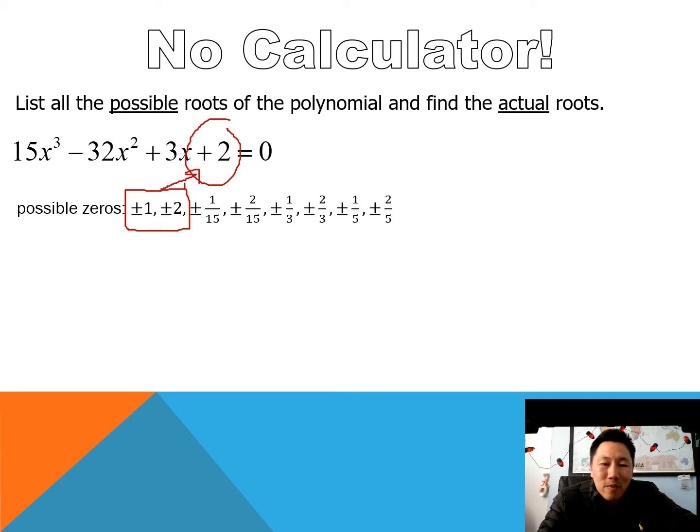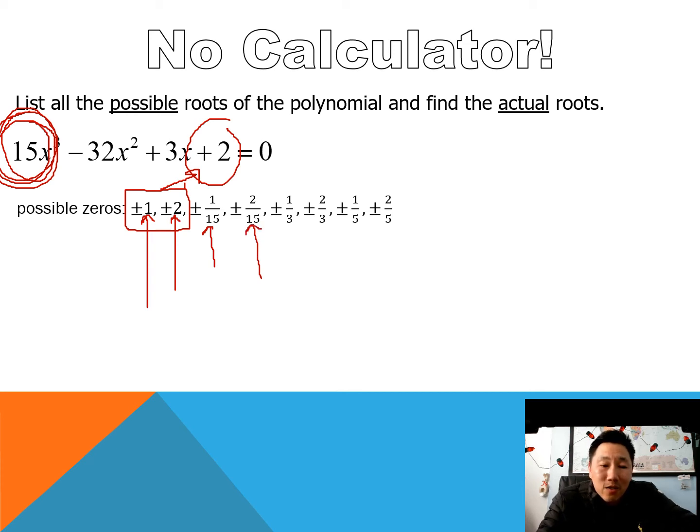But if we go back and look at the theorem more closely, it did say the factors of the constant divided by the factors of the leading coefficient. So you have to divide it by the factors of 15. So I had to do 1 divided by 15 and 2 divided by 15.